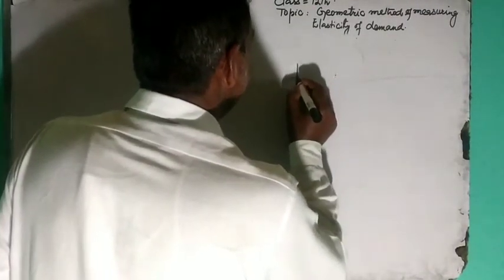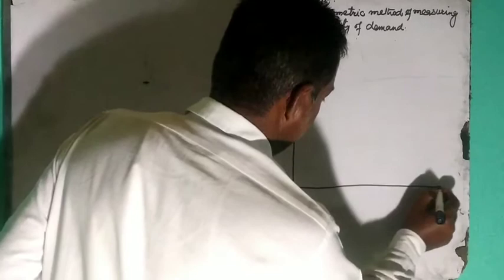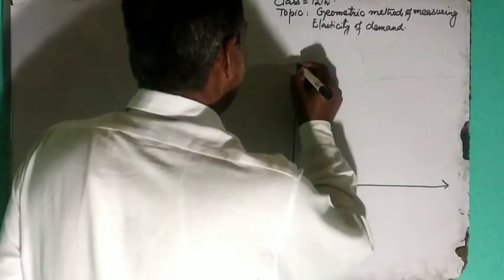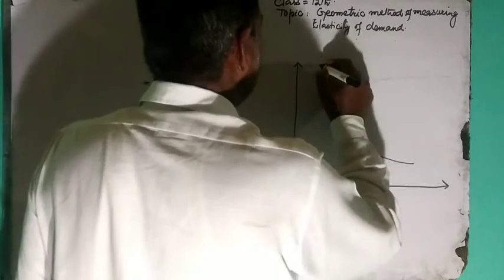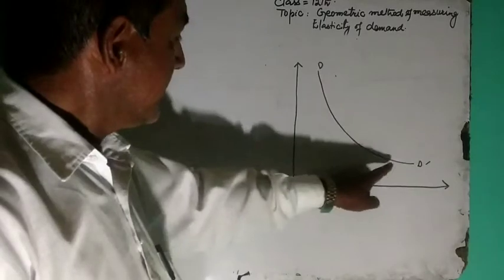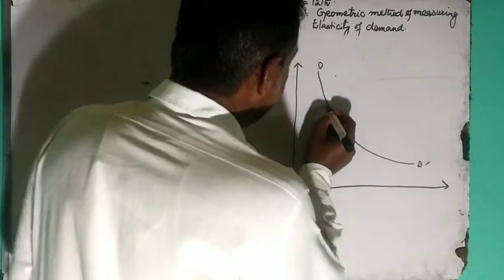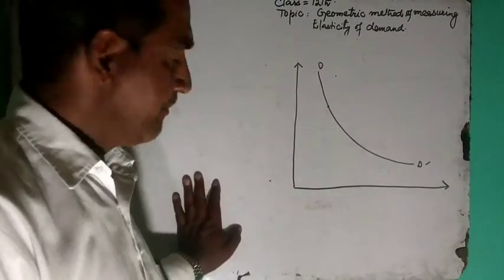Now, if it is a normal demand curve, how do we measure elasticity of demand? This is DD dash, our demand curve. If we have to measure elasticity of demand at this point, how will we measure it?